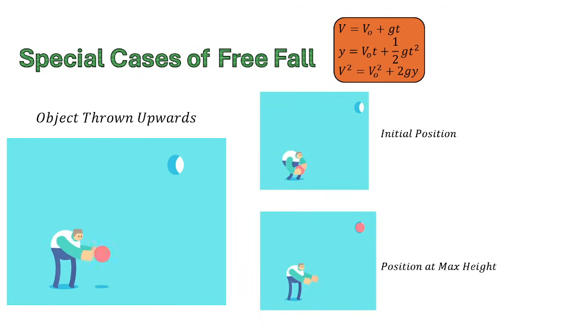Now let's move to object thrown upwards, the second case of our free fall. This is the initial position of our figure, a bit of a lowering figure, and we have the position at max height, the release of our ball.